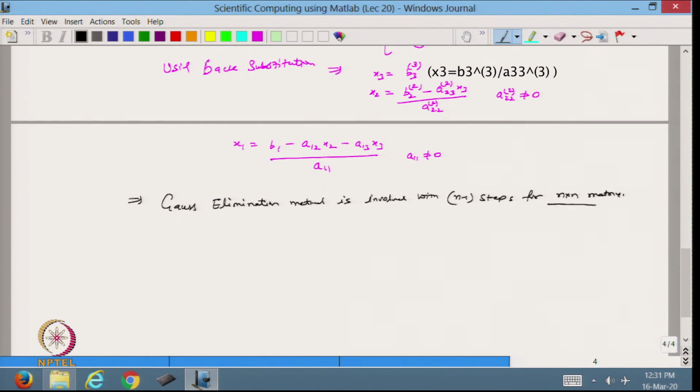If I have an n cross n matrix, using n minus 1 steps we are able to convert the matrix into the upper triangle, and then we can solve the system.